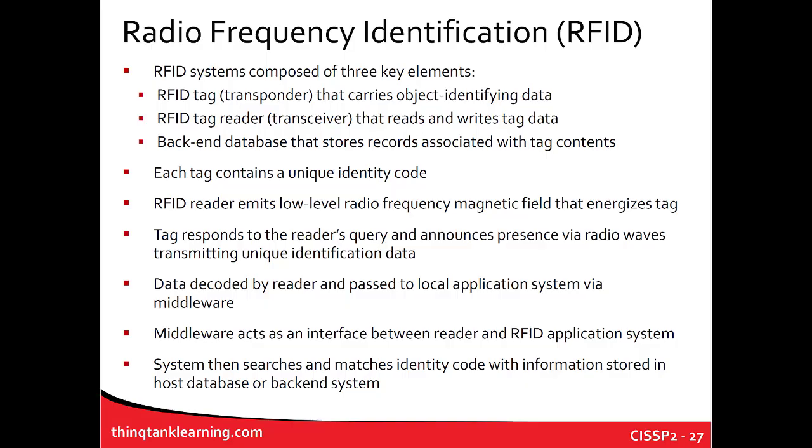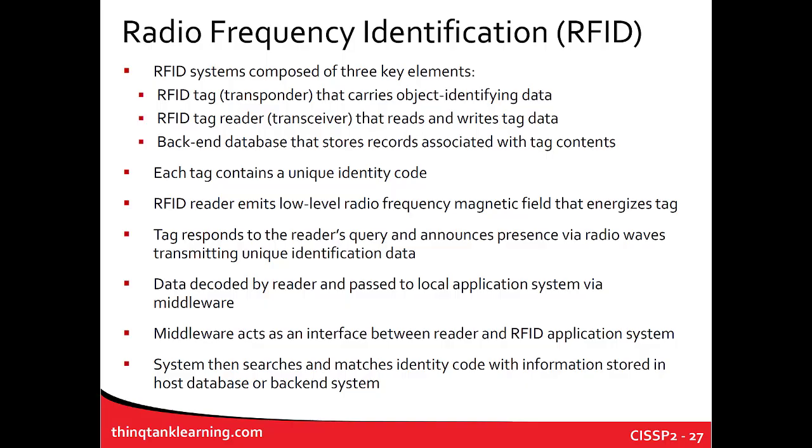So how it works is the reader emits a low-level magnetic field. That field actually provides energy to the tag if it's a passive tag. Now, you can have tags with batteries. They're not as common because obviously those batteries have a shelf life, right? The tag responds by this emanation by transmitting its ID over the radio frequencies, right?